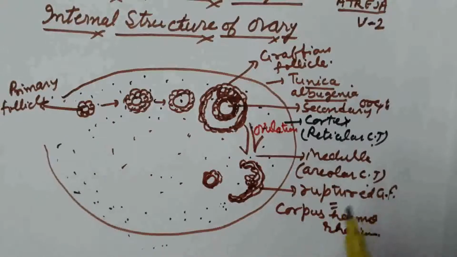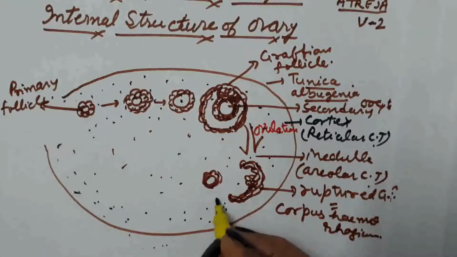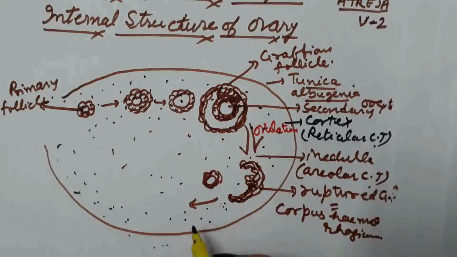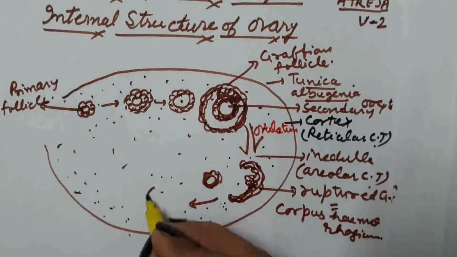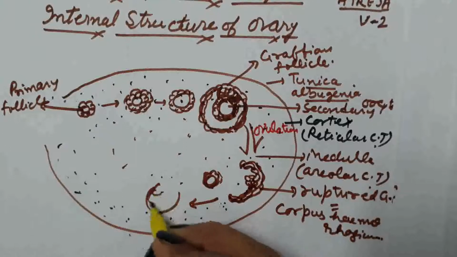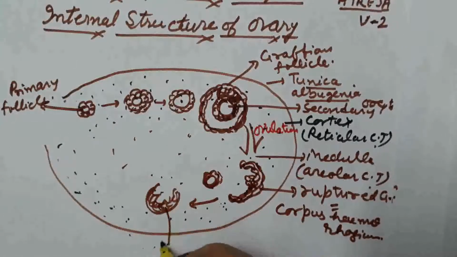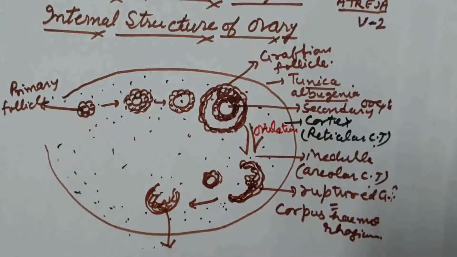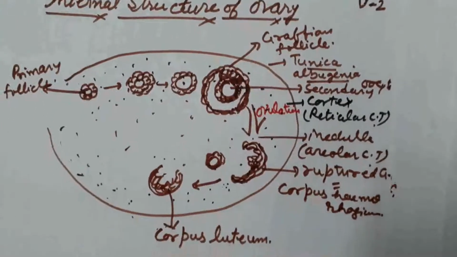After this, the ruptured Graafian follicle is converted into a yellow body, which we call corpus luteum. Corpus luteum is a yellow body.